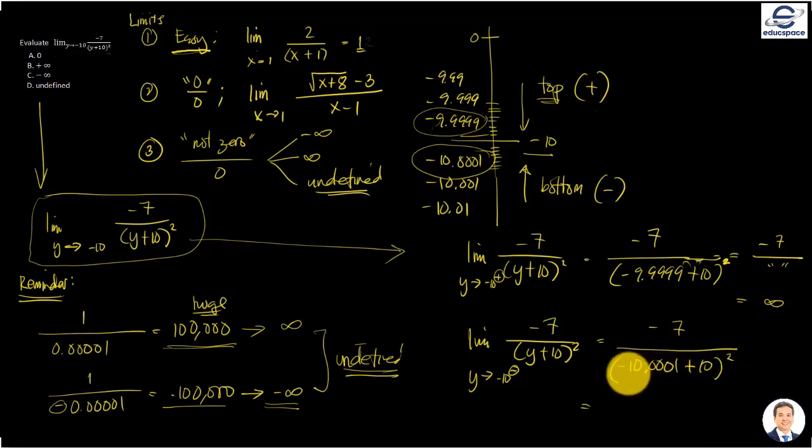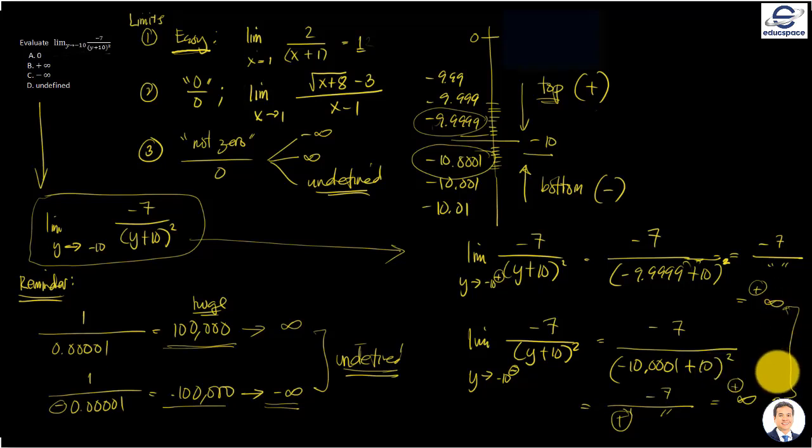What will happen in here? So this one is negative, plus 10 is basically a small negative, and squared it is positive. The denominator still has a positive value, and I kept the numerator the same. So this means we have infinity also here.